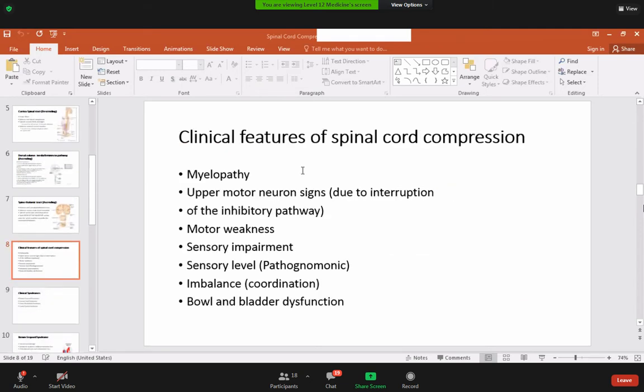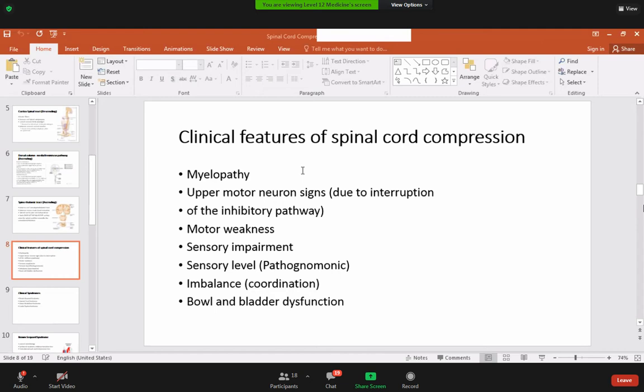Now, clinical features of spinal cord compression can be myelopathy, upper motor neuron signs because of the interruption of the inhibitory pathways. Upper motor neuron lesions are because of the downward tracts, the anterior and lateral corticospinal tracts.